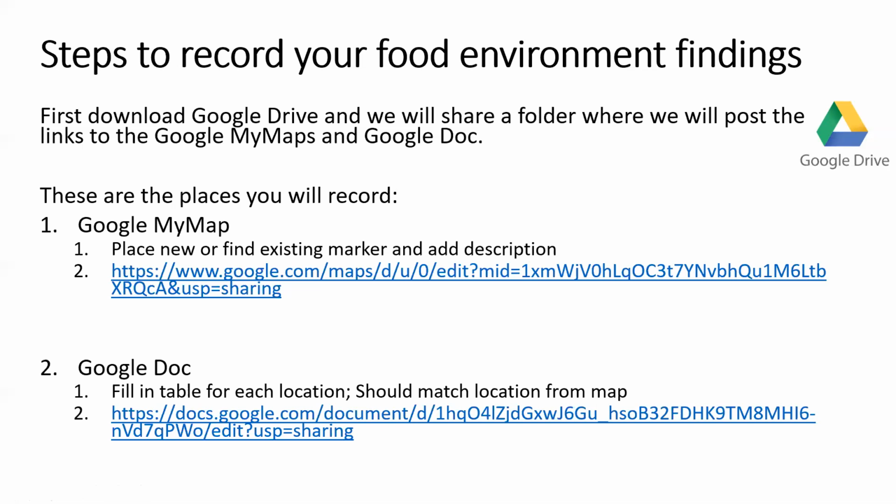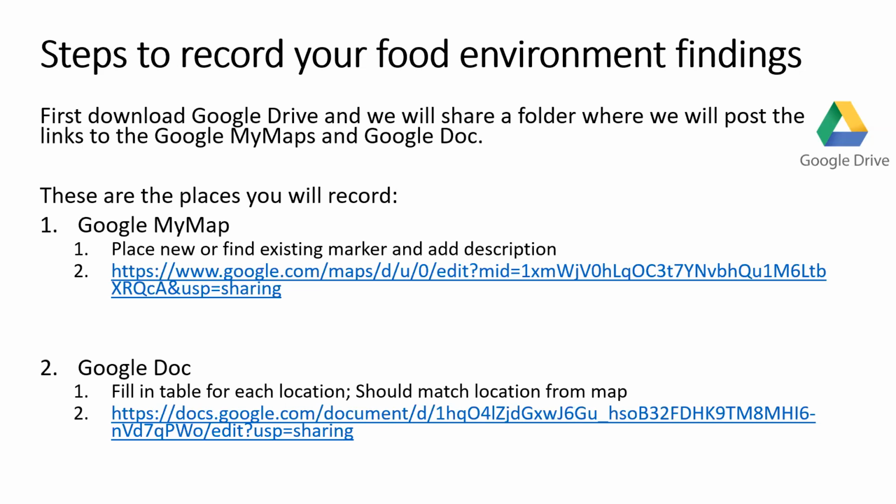That is going to be a primary way that you can get access to the different locations that you'll record information at. You could also click through these links that are in this PowerPoint as well. So that's another way of doing it.